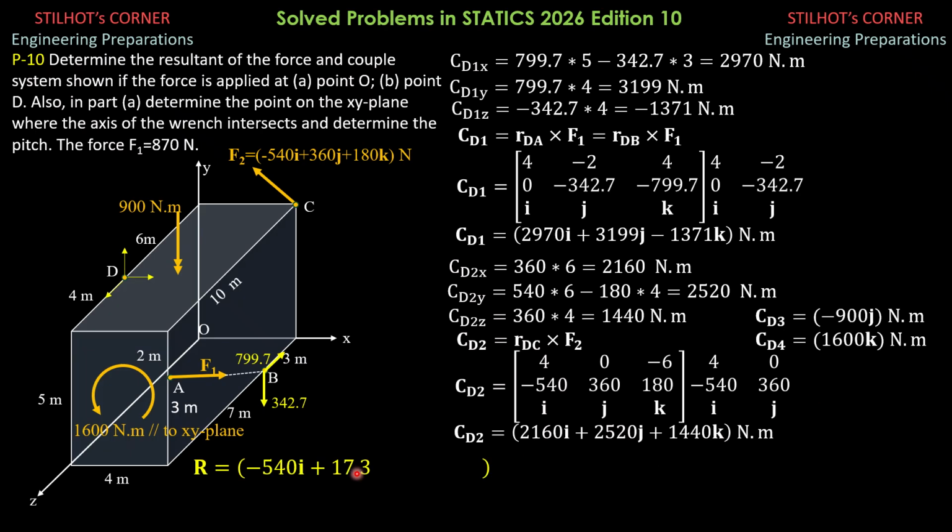So this would be the result. R is the same, negative 540I plus 7.3J, then negative 619.7K. Then the resultant couple at D is 5130I plus 4819J plus 1669K. So for the wrench and the pitch of the wrench, we will have that on the next slides.